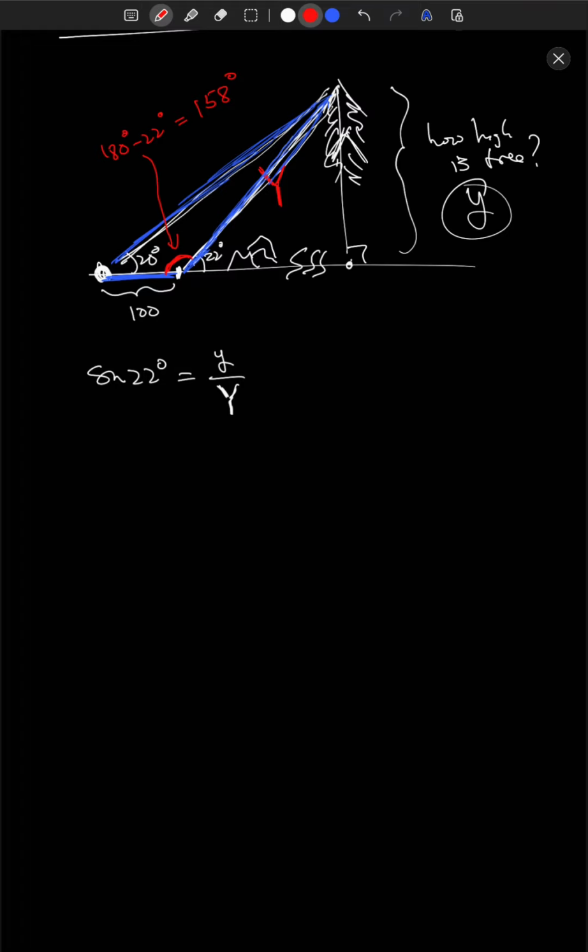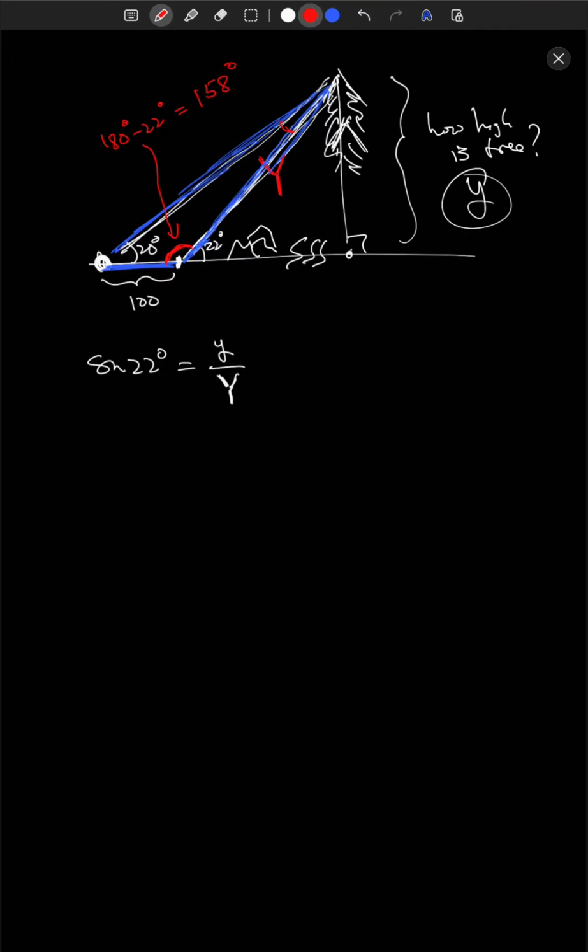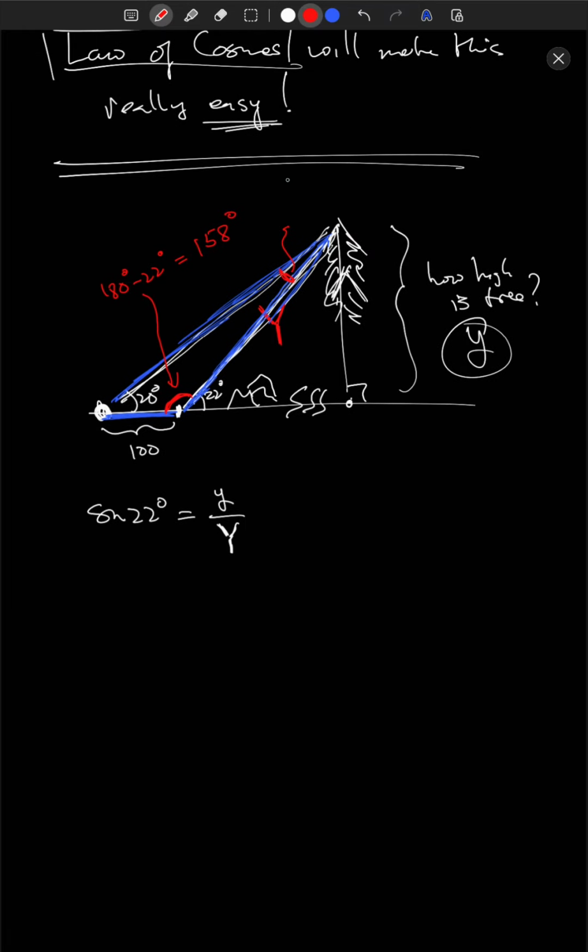And in fact, of course, that also means I know this opposite angle if I wanted it, right? This opposite angle is going to be 2 degrees. It's going to be 180 minus 20, which is 160, minus 158. So that's going to be 2 degrees.